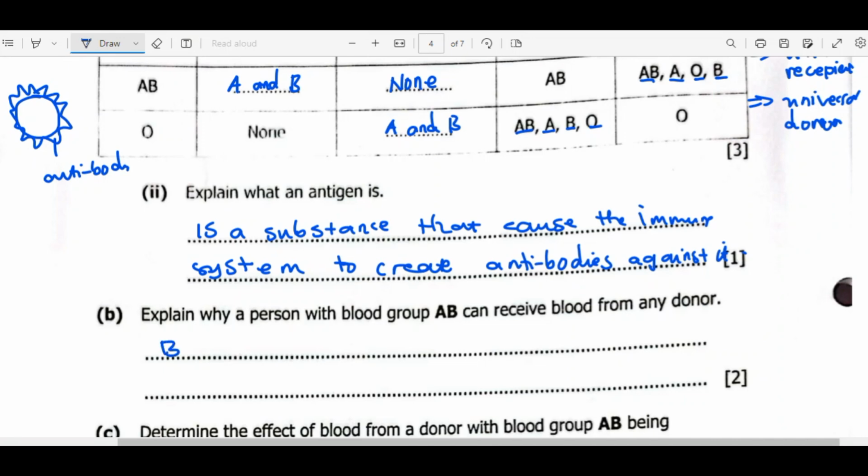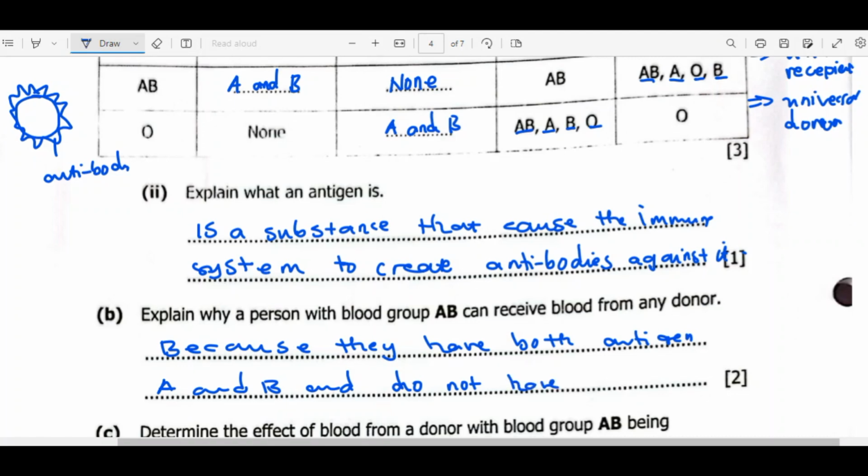So say because they have both antigen A and B and do not have antibodies. So they do not have antibodies. Because of that, they can receive from any of the 4 without any challenge.